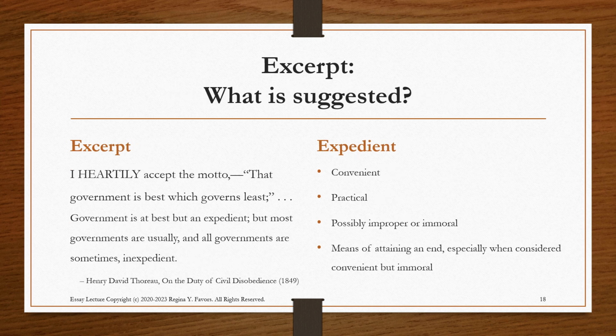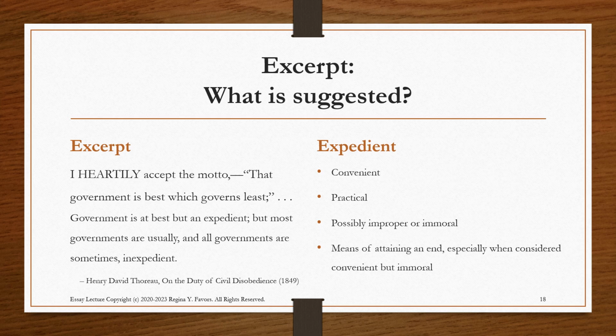So then what is suggested? So for the expedient aspect of it, when you read it again: I heartily accept the motto that government is best which governs least. Government is at best but an expedient. So government is convenient. It is practical.